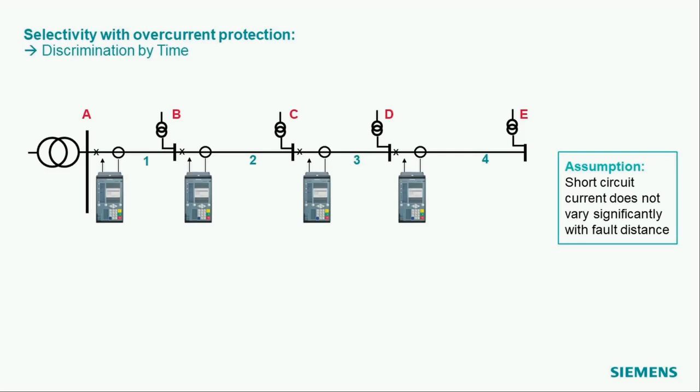And at the beginning of every line or cable, we have a circuit breaker with a protection relay. And if we assume that we have a system, for instance a cable system here with relatively short cables, the short circuit current does not vary significantly along the line.